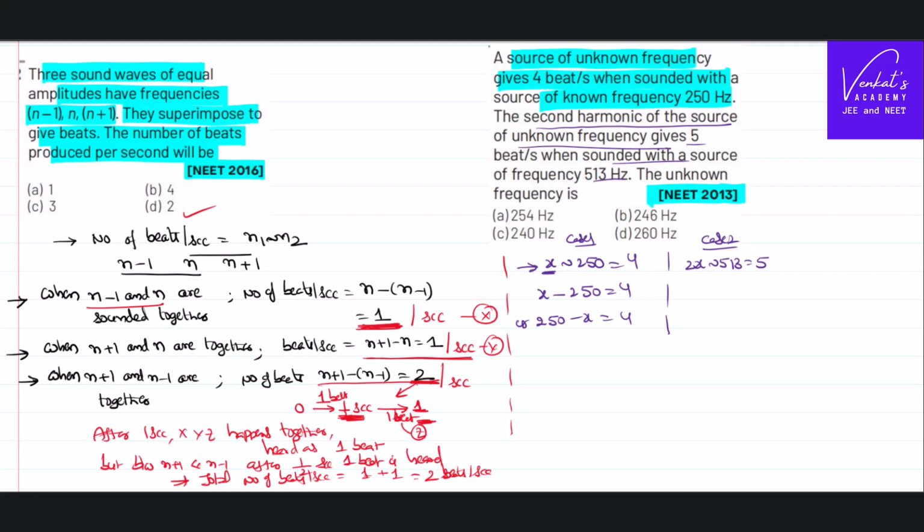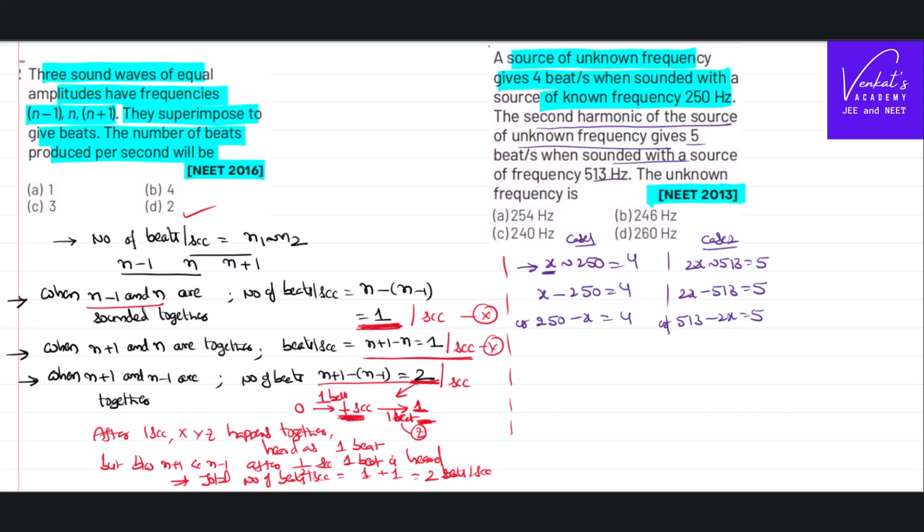So what are the possibilities? It could be 2x minus 513 equal to 5 when 2x is larger, or 513 minus 2x equal to 5. Then what is that unknown frequency? We have to find out.